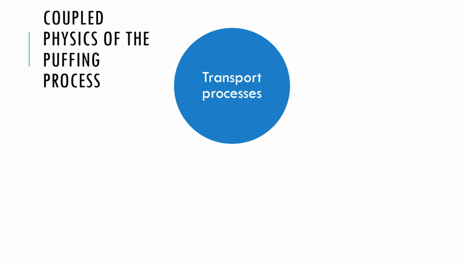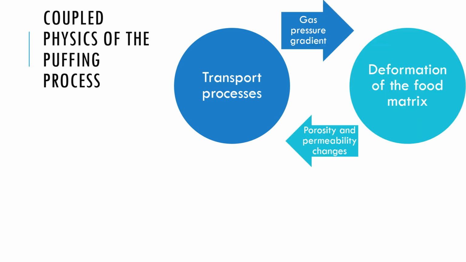So these transport processes lead to a gas pressure gradient, higher pressure inside, lower ambient pressure outside. That leads to the deformation of the food matrix. That's really what causes the puffing.